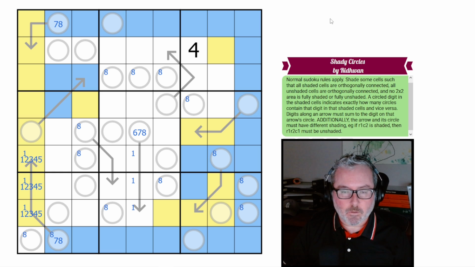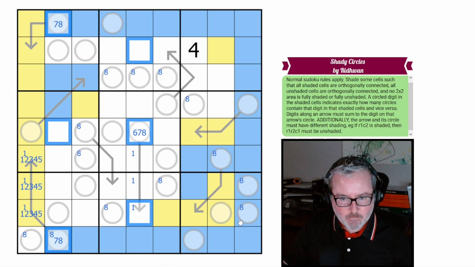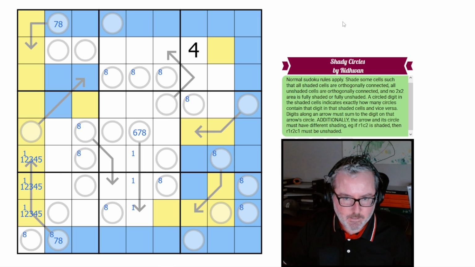I don't know if that's a word, but I'm going with it. Just keep acting like it's right until someone calls you out on it, right? Because we know there are 8 regions that can have circles in them. So if we know that every single one of these regions does have an 8 in it, we are going to know that every region except for one is going to have a 7 in it.